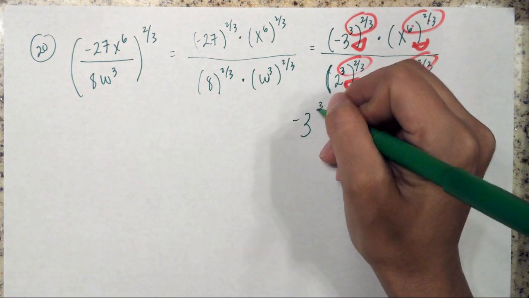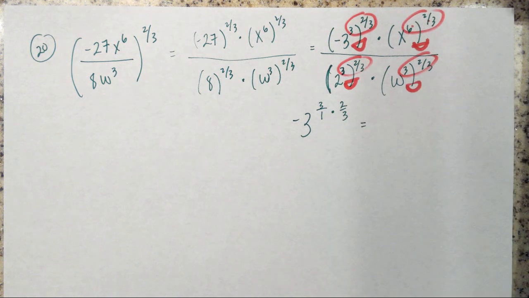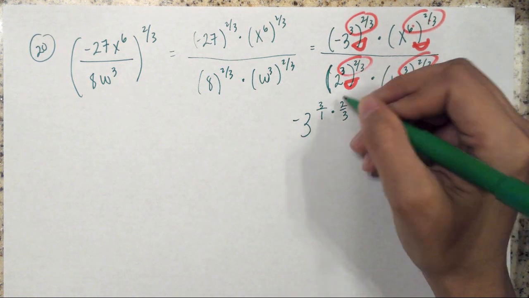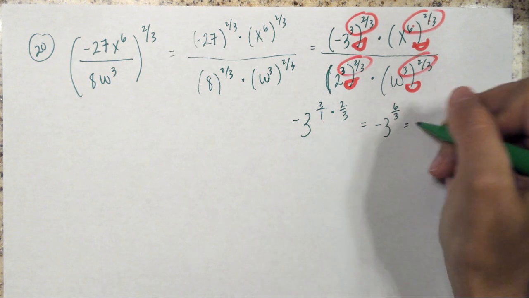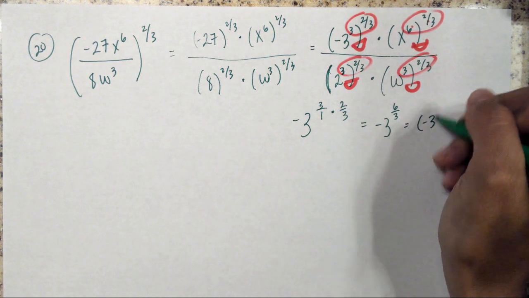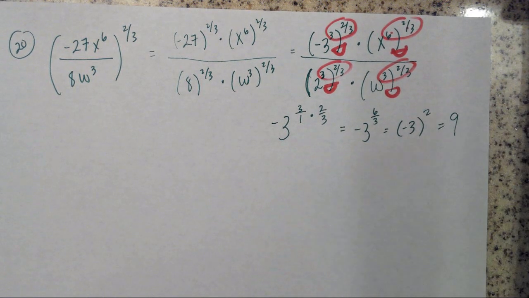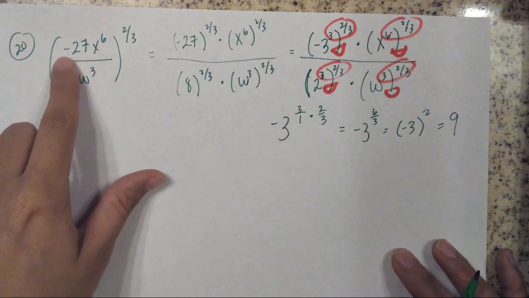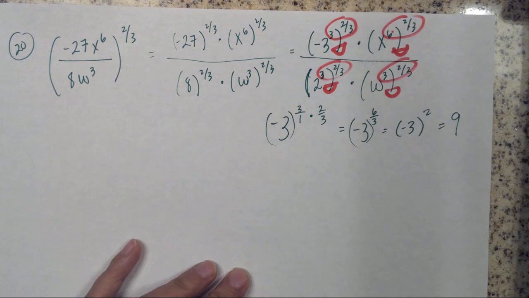It's 3 over 1 times 2/3. So you get negative 3 to the 6/3, and so this would be negative 3 squared, which is 9. That negative is in parentheses the whole time because that's what we had over here. So just make sure y'all keep that in parentheses.